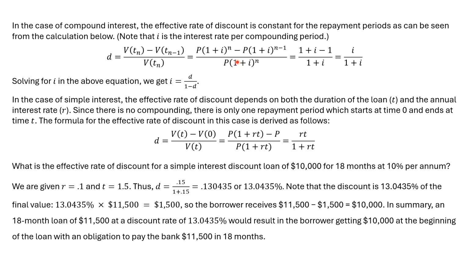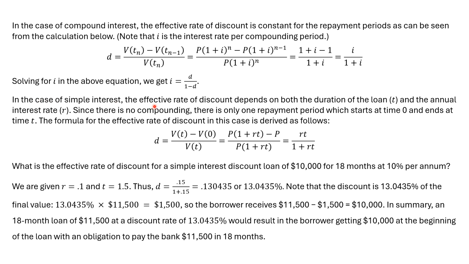And the same when you divide it into the bottom, you have 1 plus i. The minus 1 and the 1 cancel, and you get i over 1 plus i. So if we solve for i, we can have that in terms of the effective rate of discount, if you like, and that would be this expression here. Again, this is just in the case of compound interest.